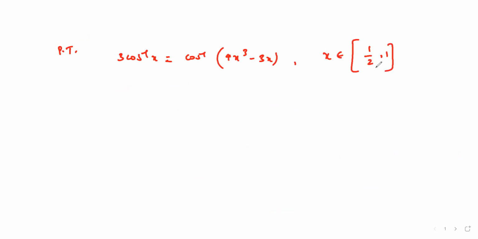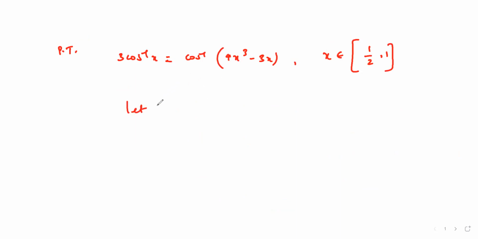Another question, prove that 3 cos inverse of x is equal to cos inverse of 4x cube minus 3x, x belongs to 1 by 2 comma 1. For that you don't need to prove the range, just write it directly, that's all.